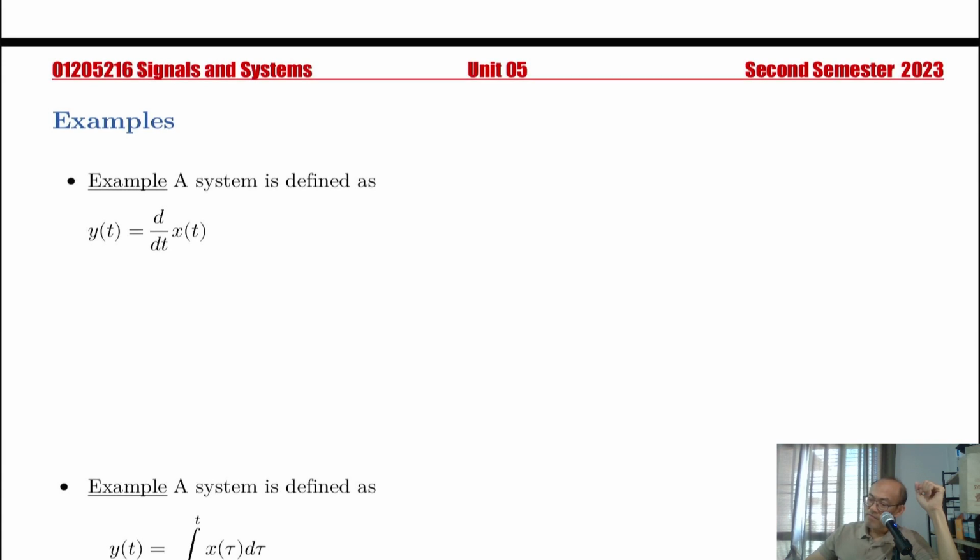Another system is defined by the output being the derivative of the input, right? So we're going to show that this system is linear. To show that a system is linear, we have to show it for any input signal. We cannot give a counterexample to show that the system is linear. To show a system is linear is to show it is true for every input signal.